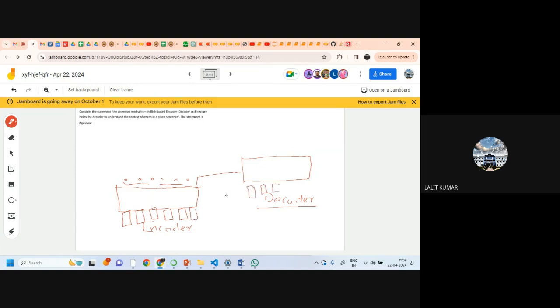That is the basic objective of the attention mechanism. And in the transformer, there is something called self-attention, key, query, and the third is also there. So it happens here also, and it happens here also. Key, query, value, right? Key, query, value.